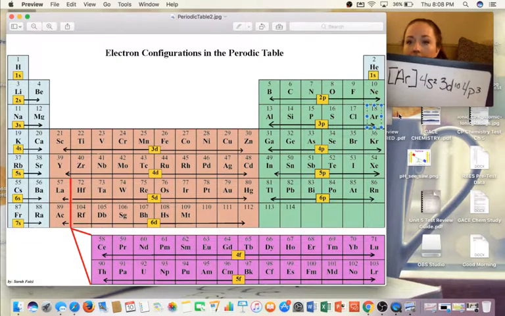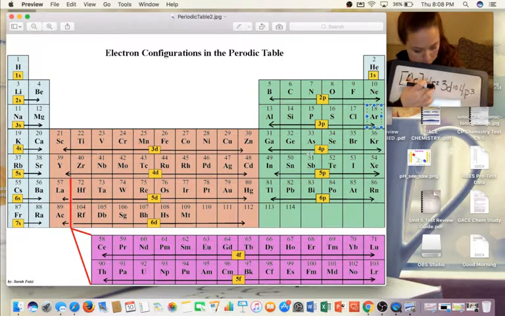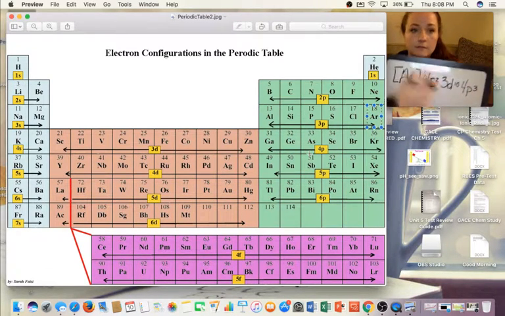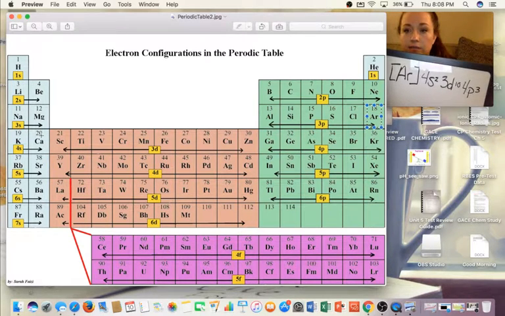All right. And then where does it say for us to go? It says 4s2. So we jump over to 4s, and that is potassium and calcium. So it says that we have 2 electrons. 1, 2. Then it says 3d10.